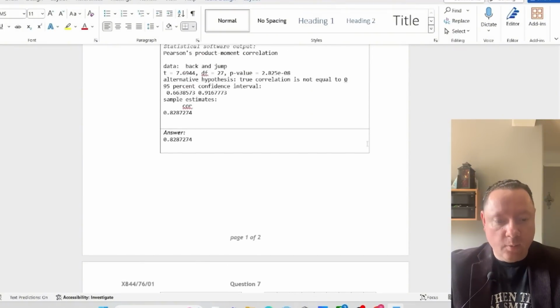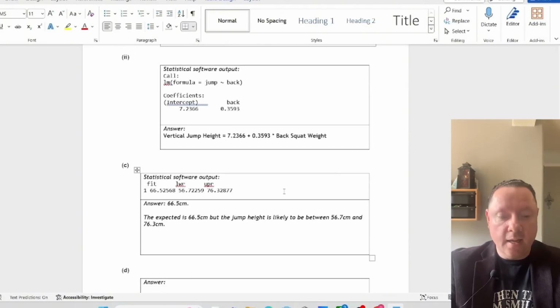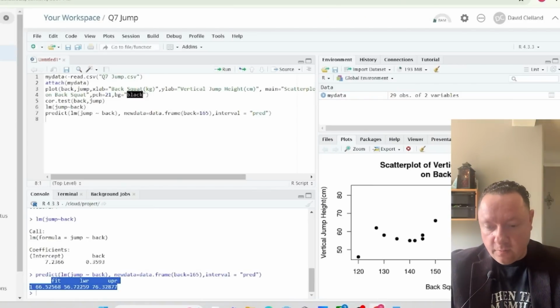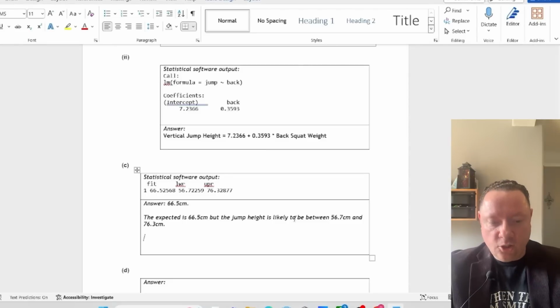If you look here at 0.828, that means there's a strong positive linear relationship between back squat and jump height. And since our 165 kilograms is within our data set, we could say that since there's a strong positive linear relationship and 165 is within our data set, it's likely to be an accurate prediction. But that's easier, just using the numbers.